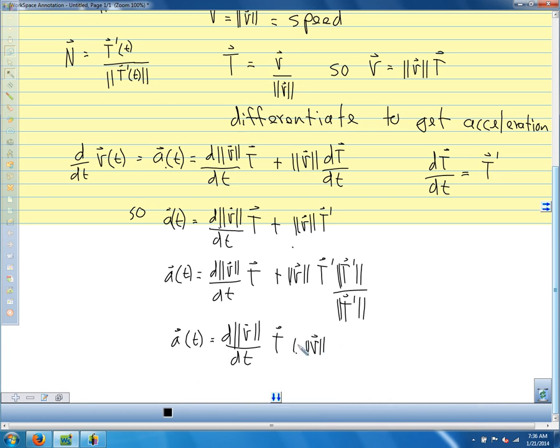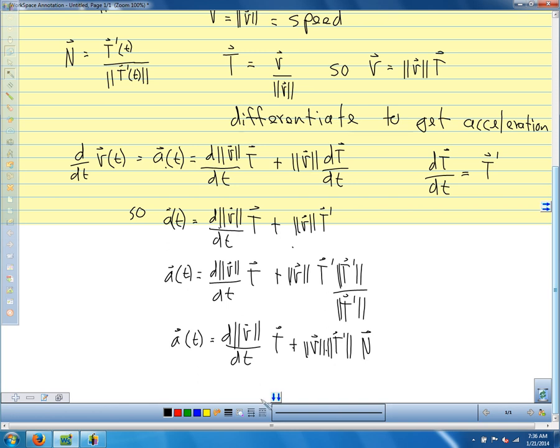Remove my plus sign here. All my magnitudes are getting mixed up together here. Times the magnitude of T prime times our principal unit normal vector. I'll write this a little more neatly.